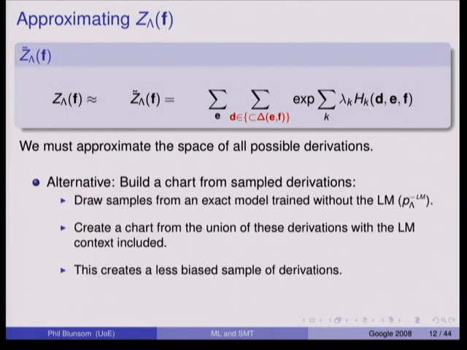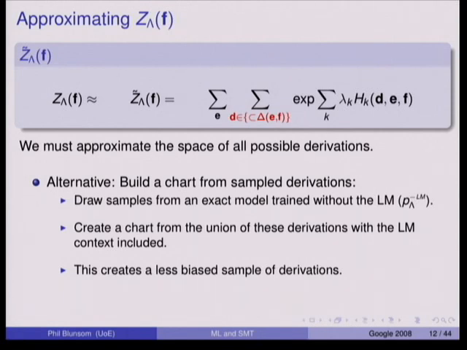A problem with an approximation like that, and it's a problem that other approaches like using n-best lists suffer from, is that we're only getting a very compact point estimate around the maximum of the function we're interested in. But if we want to estimate the function, we'd really like a bit more from the tail of the distribution. We'd like a more scattered set of points so that we get a better feel for the shape and don't make silly assumptions by just seeing the peak of the distribution.